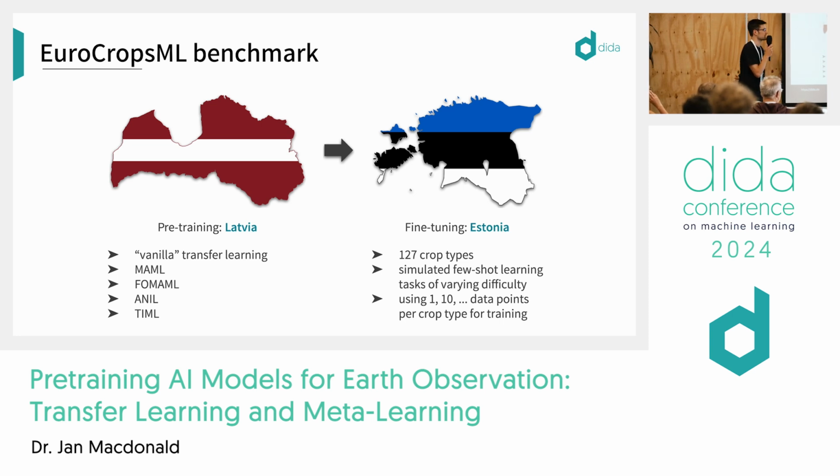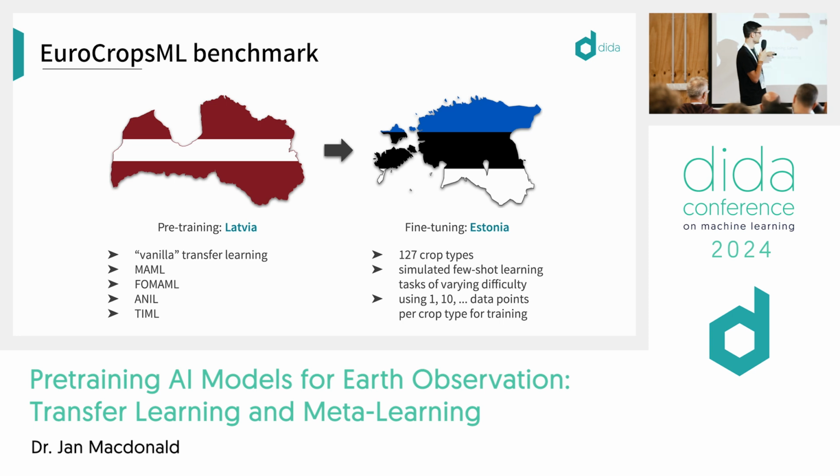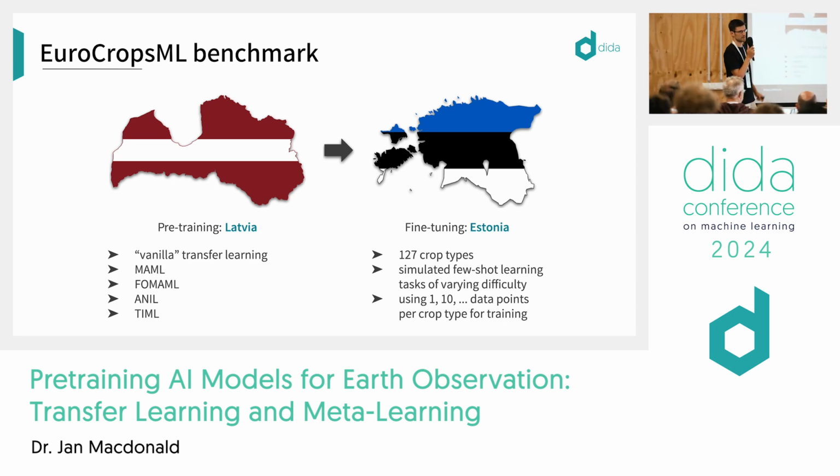So we have prepared a data set for that. Since it's based on this original Eurocrops reference data, we call our dataset now the Eurocrops ML dataset. And at the moment, we have benchmark information available for transferring from the country Latvia to the country Estonia.